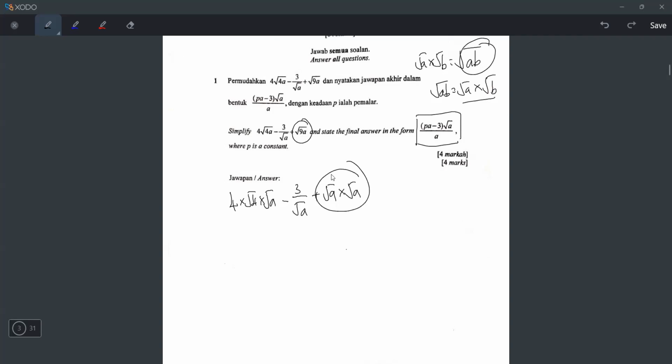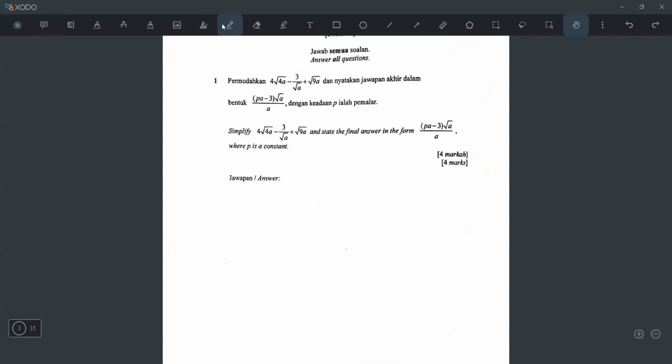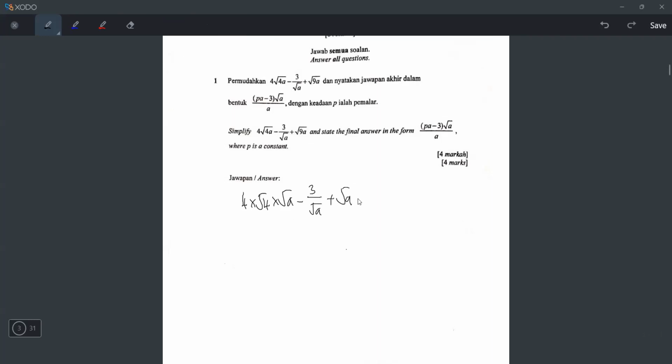So, wait, oh that took long. Let's write it again. Sorry, I accidentally erased everything. Okay, 4 times square root 4 times square root A minus 3 over square root A plus square root 9 times square root A. Right, so this is 9, this is A. We know square root 4 is 2 and square root 9 is 3.